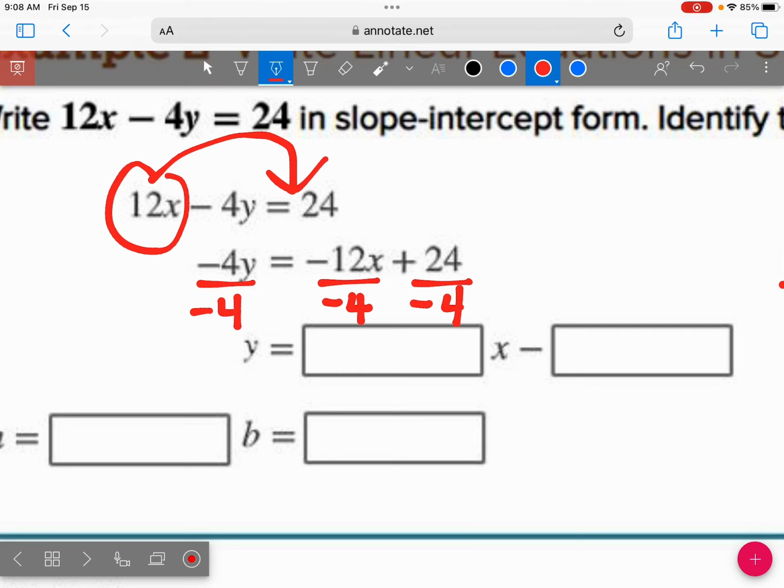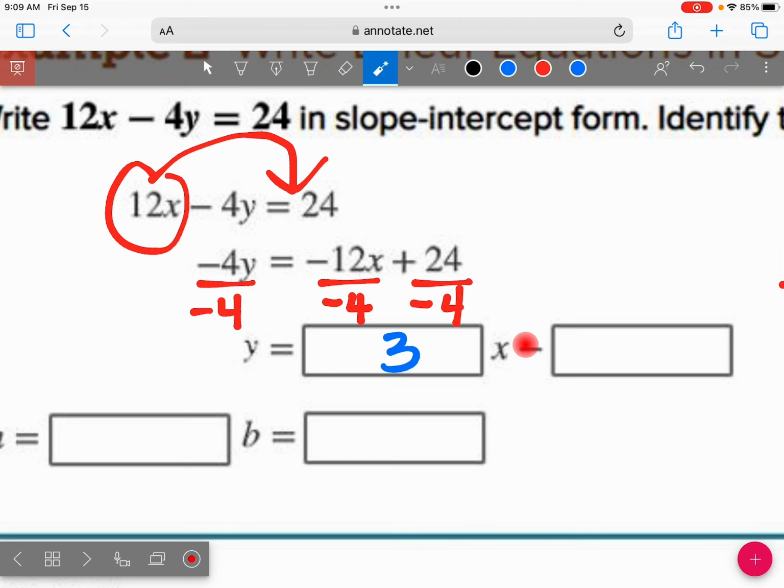So now let's write, what do we get? What is this number right here going to be? What is -12 divided by -4? +3. So that goes in this box because that's my slope. And then what is 24 divided by -4? -6.